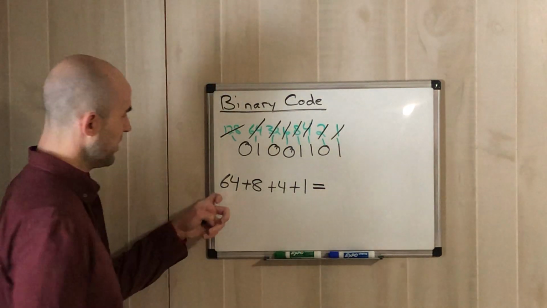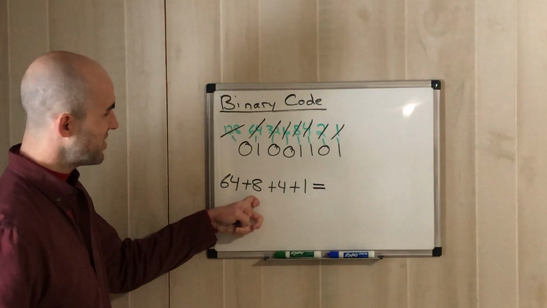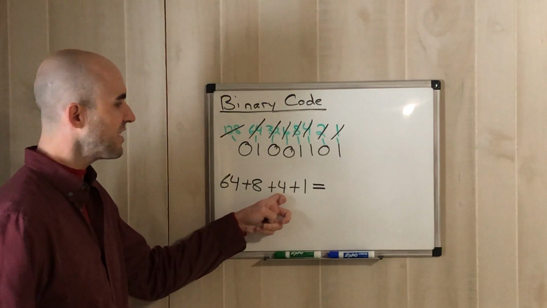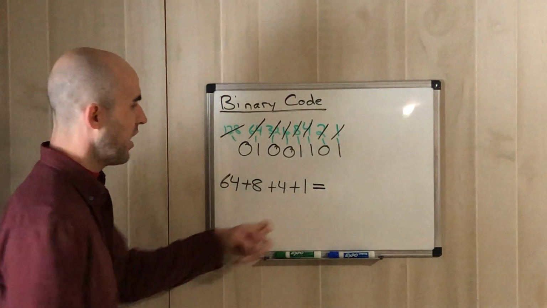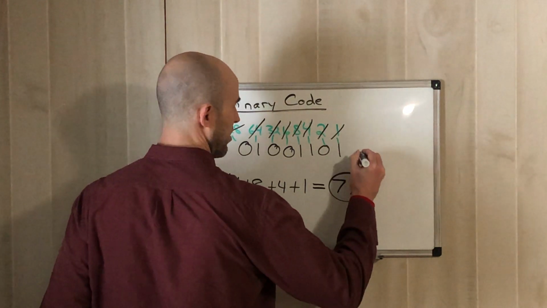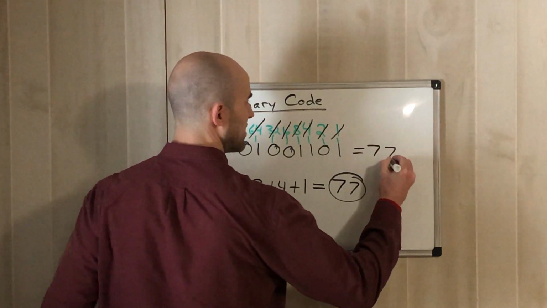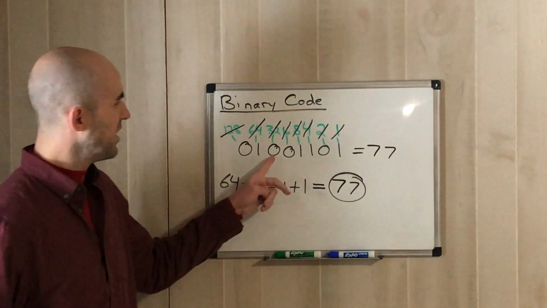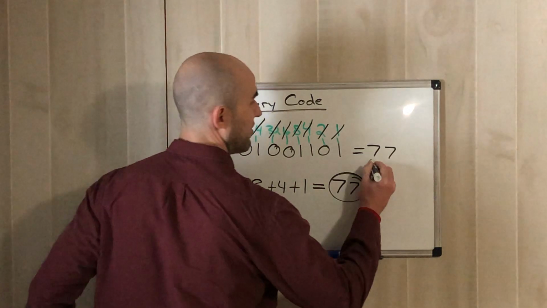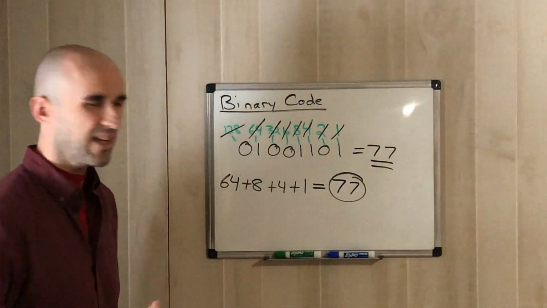So 64 plus 8 gives us 72. 72 plus 4 gives us 76. 76 plus 1 gives us 77. So that's the number we're dealing with. That binary string, 0, 1, 0, 0, 1, 1, 0, 1, represents the number 77.